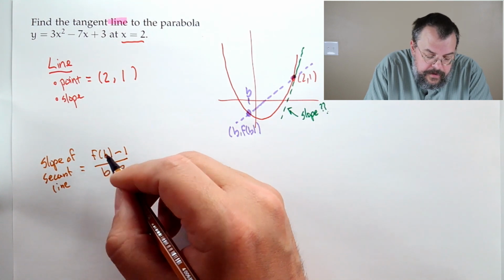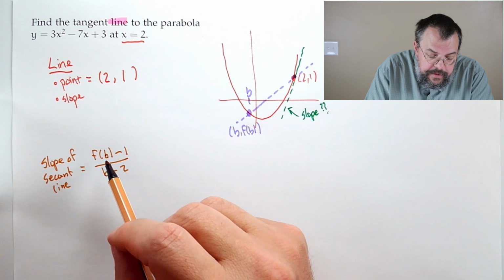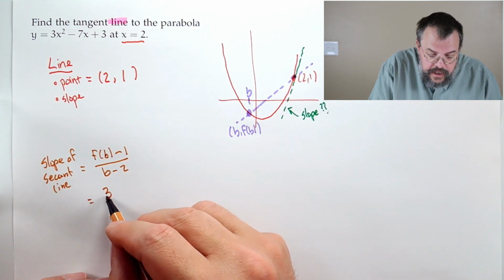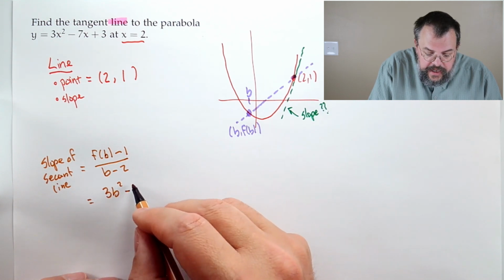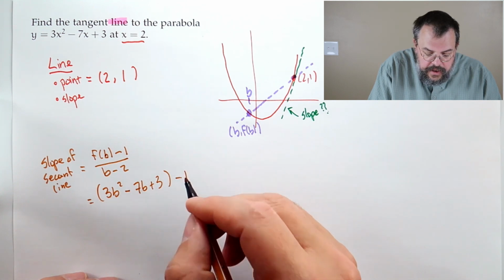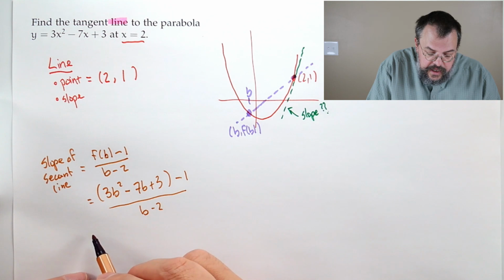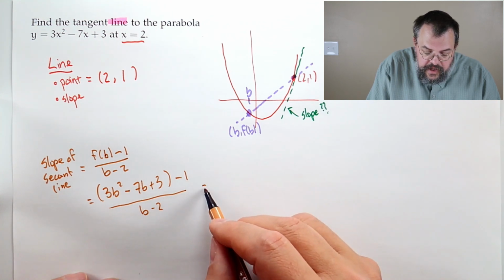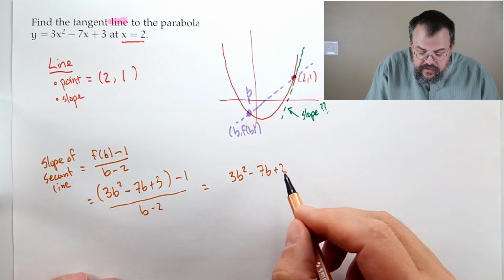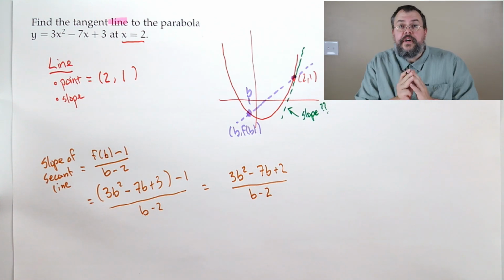Let's figure this out. I'm going to plug b into our function. That gives us 3b squared minus 7b plus 3, subtract 1, over b minus 2. Or if you like, that would be 3b squared minus 7b plus 2, divided by b minus 2. Okay, so far so good.